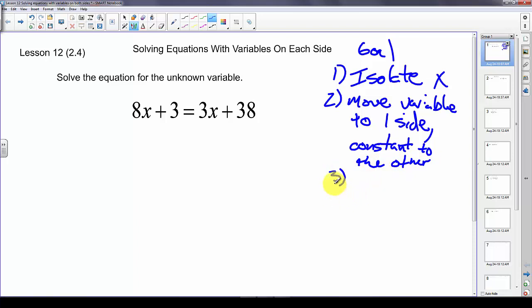And third, I try to keep the variable coefficient positive.